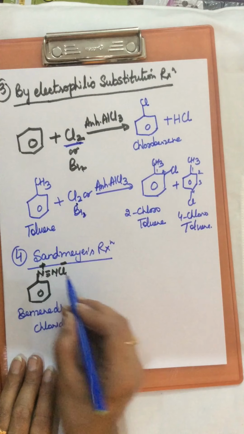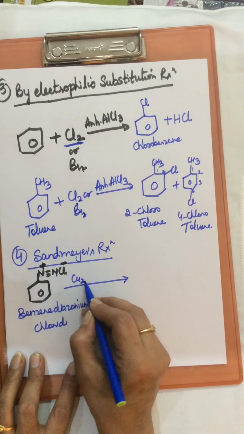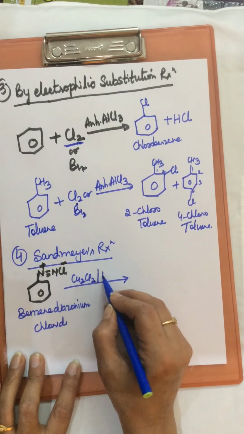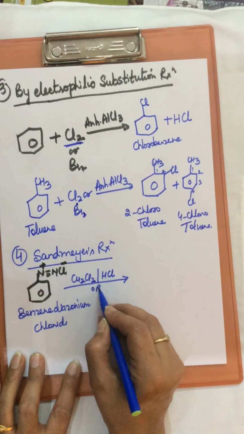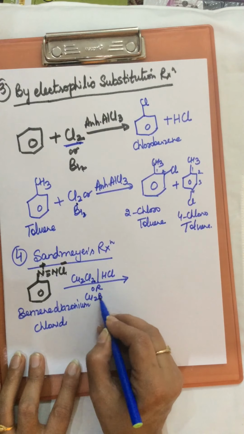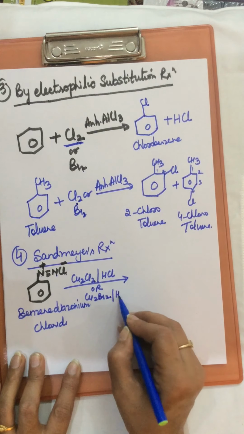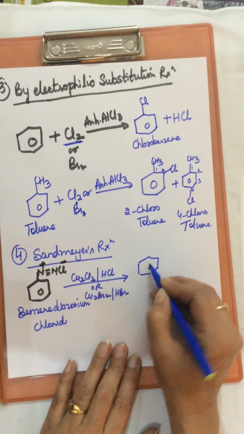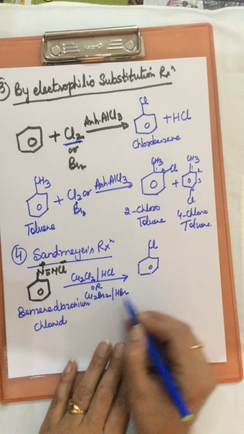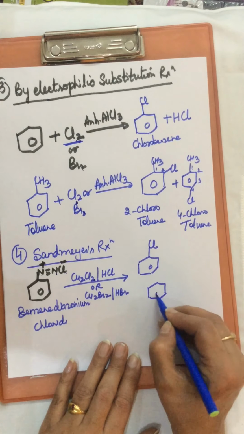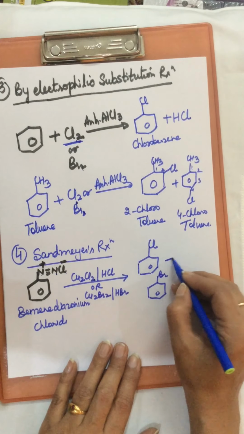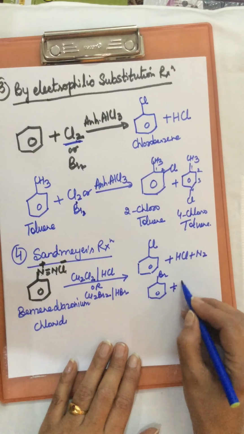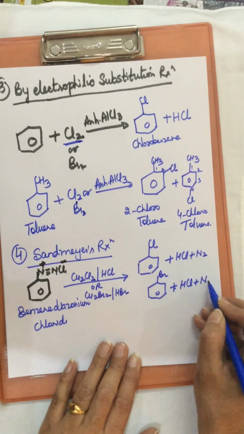To benzene diazonium chloride, if we add Cu2Cl2, cuprous chloride, and HCl, or we can have cuprous bromide and HBr, we will get chlorobenzene, and if we're using this, we will get bromobenzene. Plus HCl and plus nitrogen. Here we'll get plus HCl plus nitrogen.